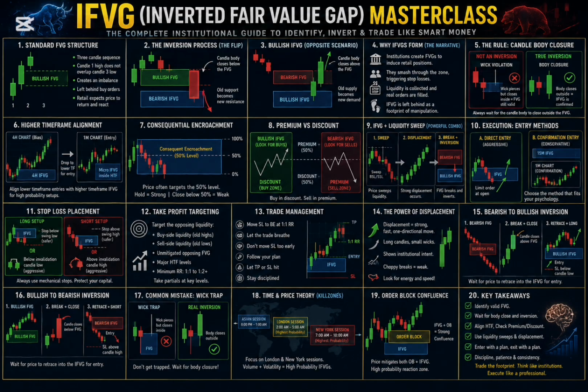This exact closing point signifies that the bearish gap has officially been completely inverted. You now draw a clean rectangular box across this newly formed bullish inverse fair value gap zone.